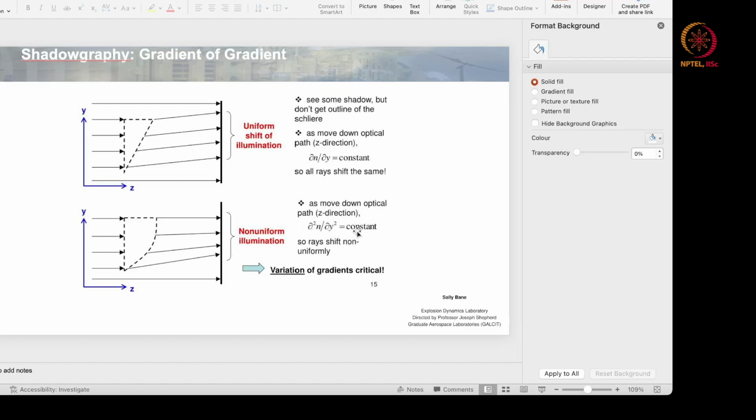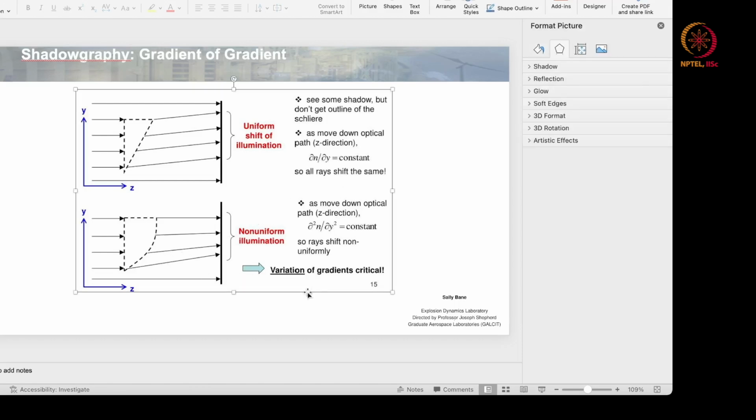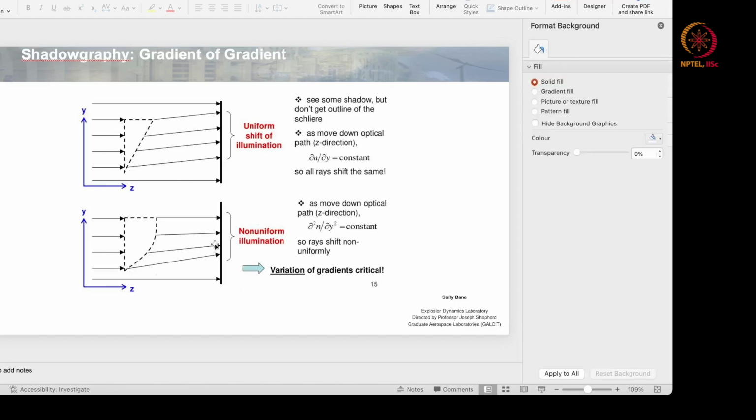So the curvature, or the gradient of the gradient, is a constant. What you see over here is that this is a constant, but not this. As a result, the rays get deflected, but you get a non-uniform illumination.